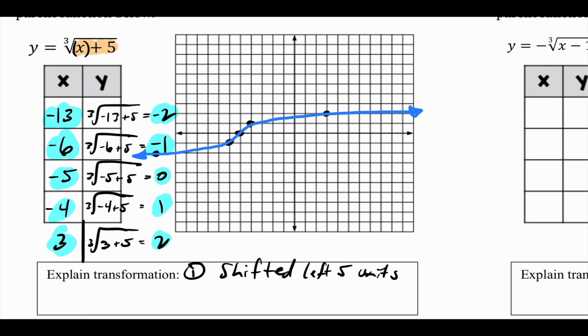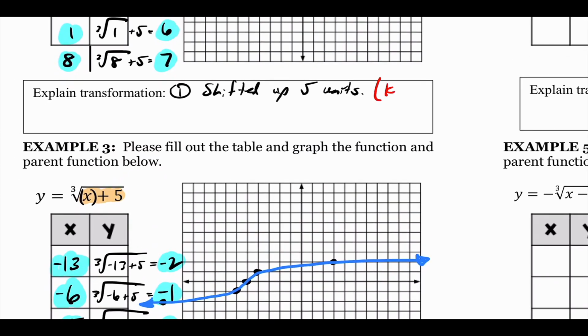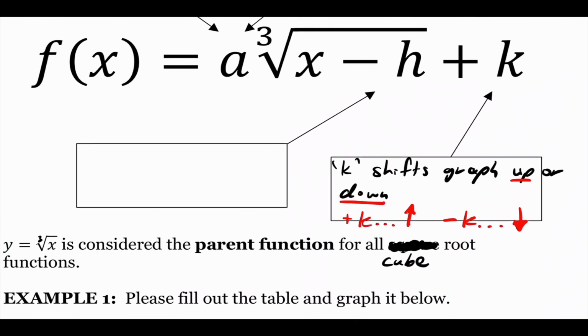So plus 5 is H, right? The last one was K. So this one is H. H shifts the graph left or right.